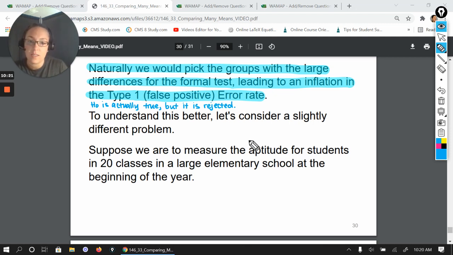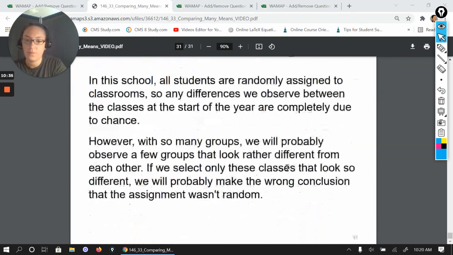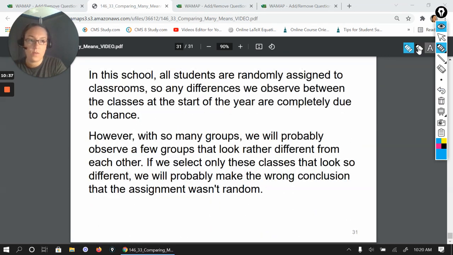To understand this better, let's consider a slightly different problem. Suppose we are to measure the aptitude for students in 20 classes in a large elementary school at the beginning of the year. In this school, all students are randomly assigned to classrooms, so any differences we observe between the classes at the start of the year are completely due to chance.